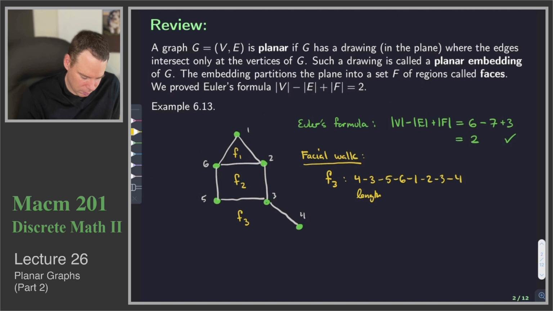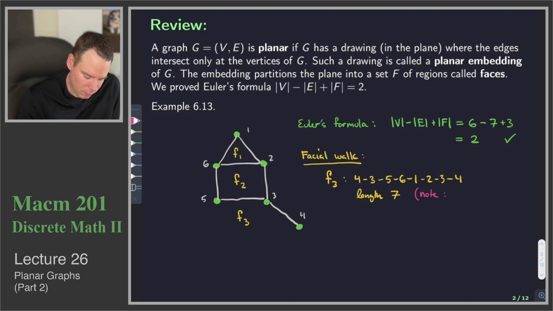The length of our facial walk, in this case, we can count it again just by going along it: 1, 2, 3, 4, 5, 6, 7 edges we've used. Or we can also get that same count by just counting the number of hyphens here, because I use these to denote the edges rather than labeling the edges. So we get the length is 7.